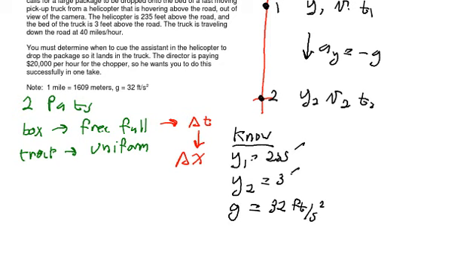What I would like to find from that first part of the problem is how long it takes for the box to fall, and that will help us figure out where the truck needs to start so the box lands in its bed.